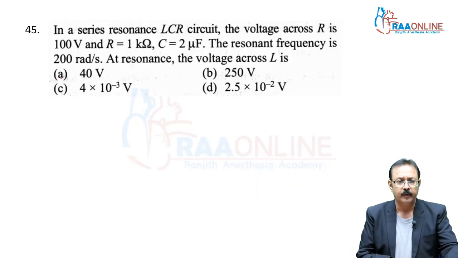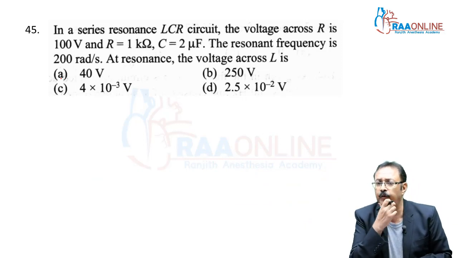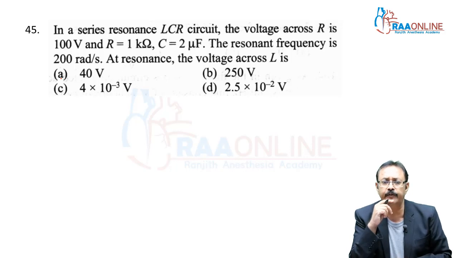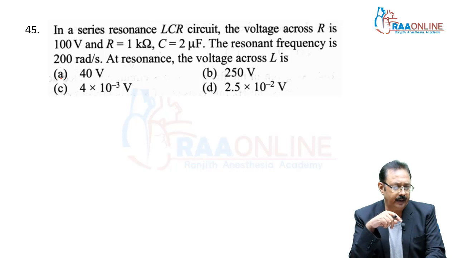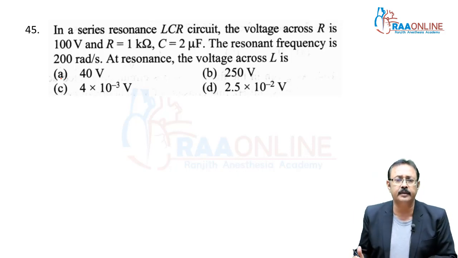Next problem. In a series resonance circuit, the voltage across R is 100 volt. R is 1000 ohm. C is 2 microfarad. Resonant frequency is also given. We want to calculate voltage across L. We know that at resonance, all voltage is across the resistance.